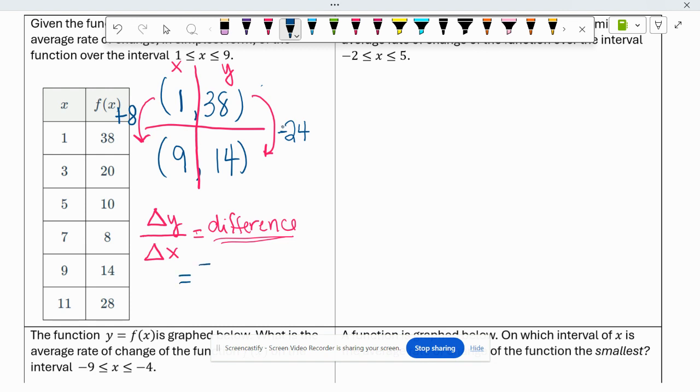My change in y, negative 24, over my change in x, which is a positive 8, equals what? It's not 4. It equals negative 3. So your average rate of change is negative 3.